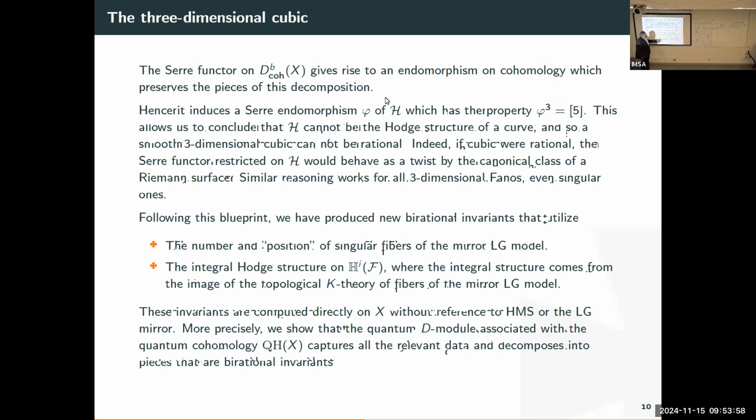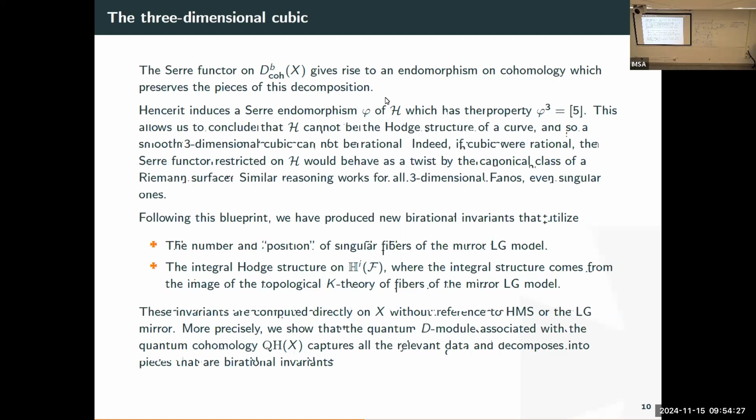So in the case of a three-dimensional cubic, you can easily notice that the Serre functor acting on the cohomology of this cubic has the property that in degree 3, it is equal to shift by 5.